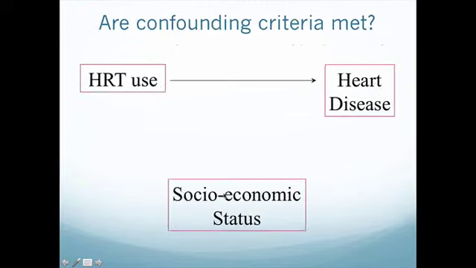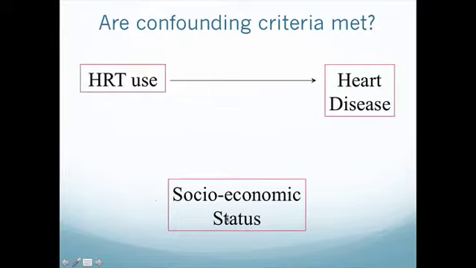So let's start to fill in the arrows. So we know that people of lower socioeconomic status are more likely to have heart disease. So we can fill in an arrow between socioeconomic status and heart disease where there's actually an inverse relationship. Lower socioeconomic status, increased risk of heart disease.